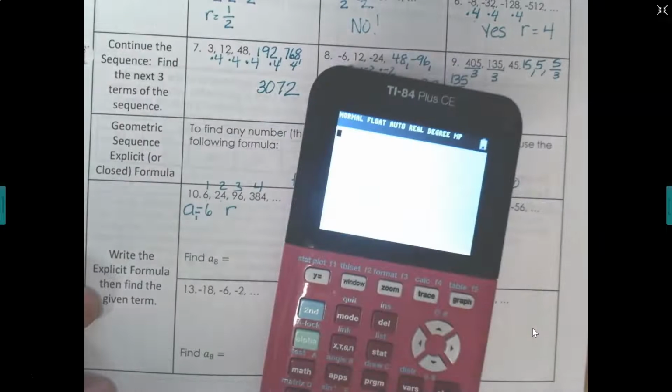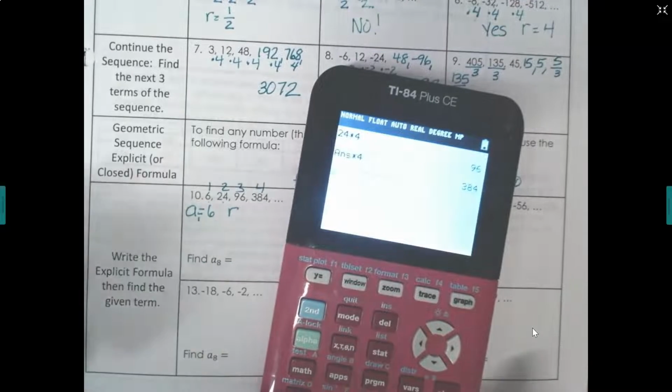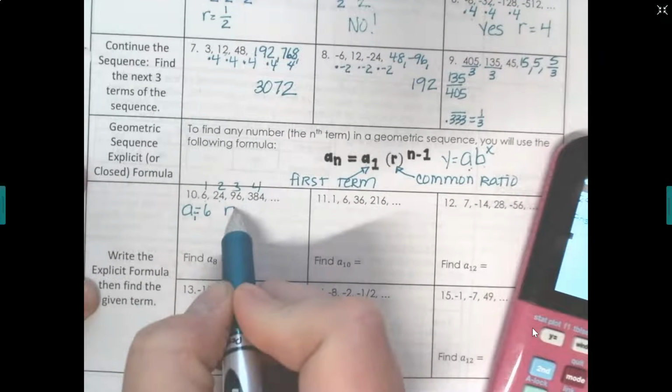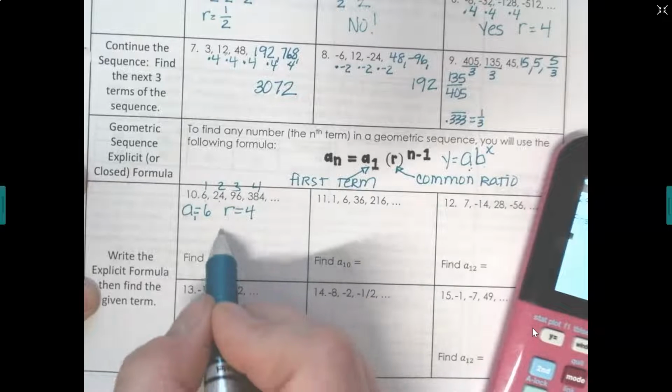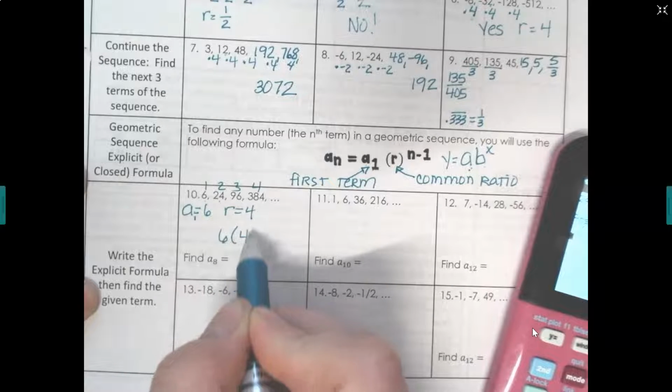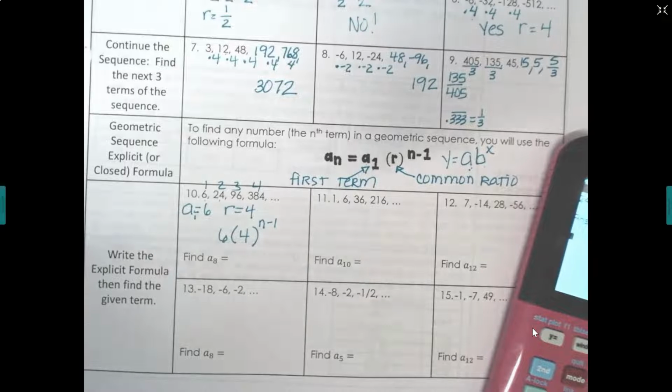Let's check: 24 times 4 is 96, times 4 is 384. I'm just verifying that it's multiplying by 4. So my common ratio is 4. This says, put your first term out front, put what you're multiplying by to the n minus 1. That's the whole equation. That's all you've got to do.